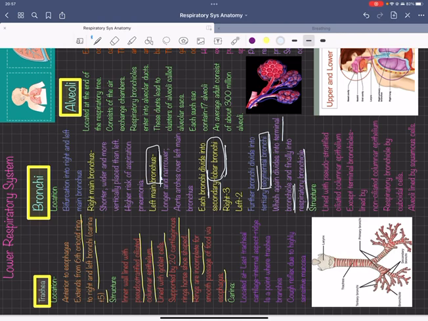And this respiratory bronchiole is what enters the alveoli. So the structure of the bronchi that is directly connected to the alveoli is the respiratory bronchiole. These small ones are the respiratory bronchioles as written here.